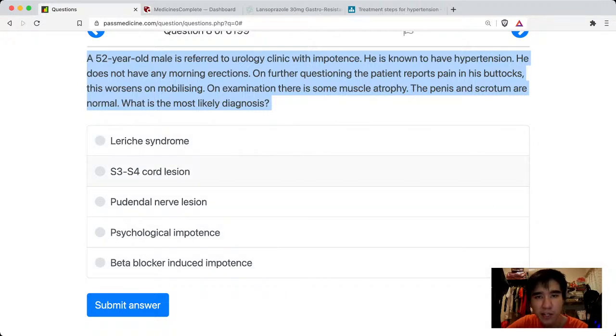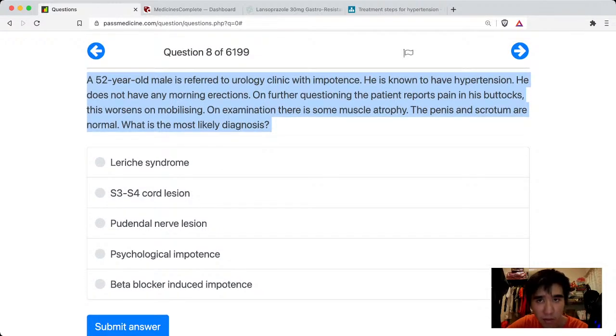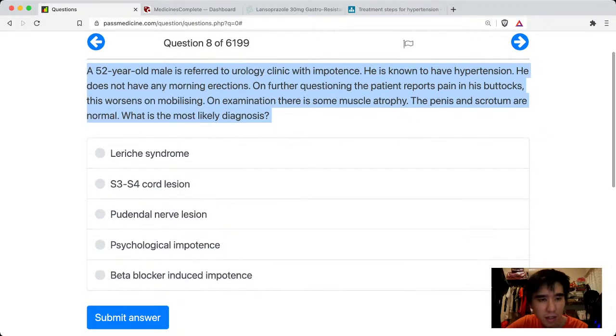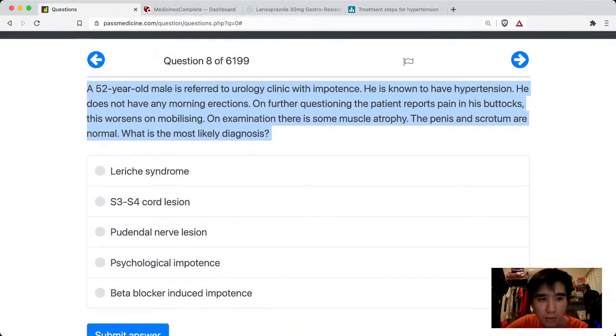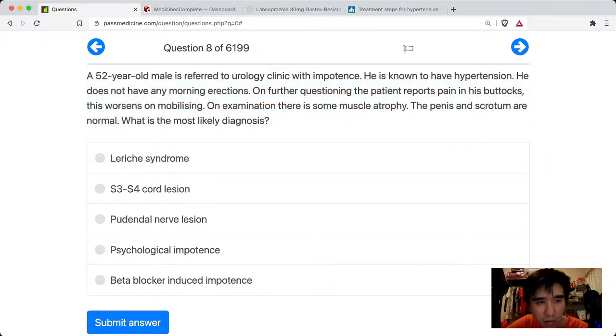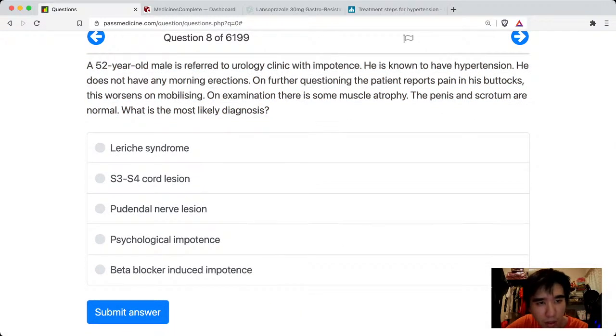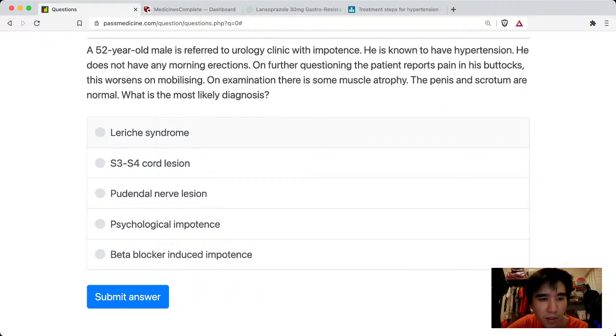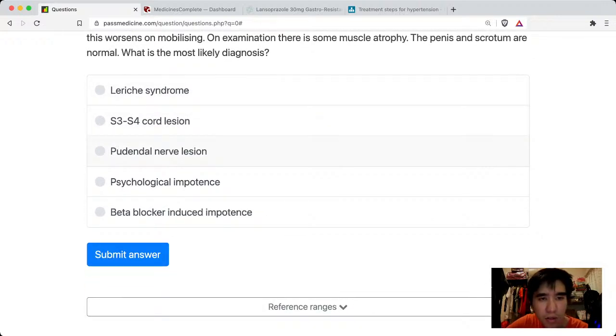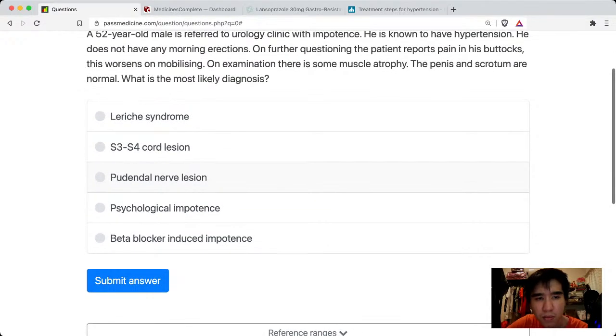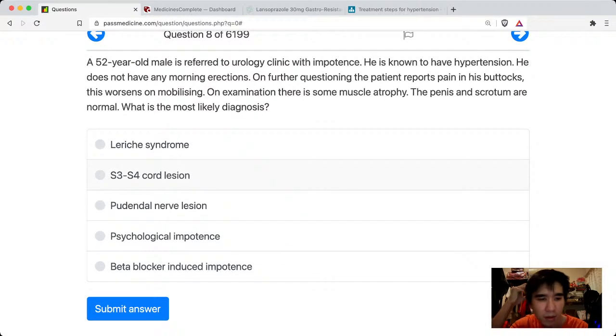If I remember correctly, the penis is S1, S3 to S4. I can't remember. Let's look for dermatomes later, but we'll just attempt the question without searching first. I have no idea what Leriche syndrome is. It's named after somebody, I'm quite sure. Pudendal nerve lesion. Where is the pudendal nerve again? I don't remember.